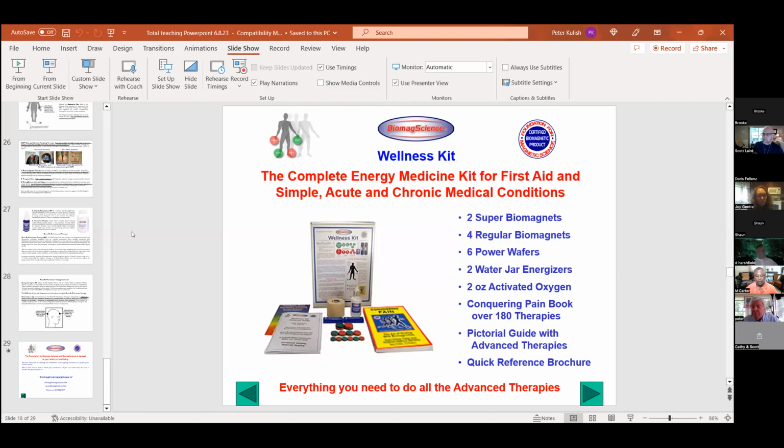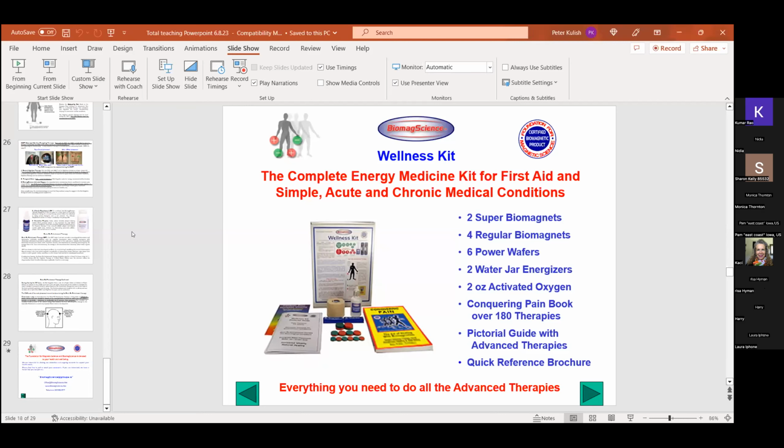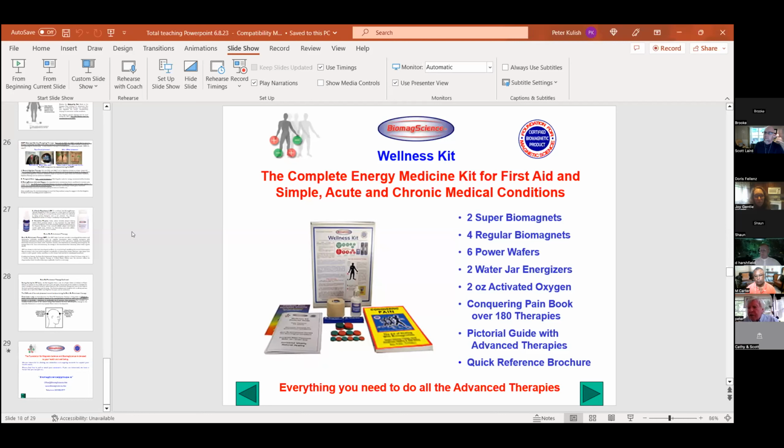But specifically with conditions like glaucoma and macular degeneration, we've had some good work with that. We put it on the back of the neck to vasodilate the brain-blood barrier to get the circulation values up. We asked the individuals also to drink the energy water because of the hypoactive hydrogen that most people are experiencing and don't know about.